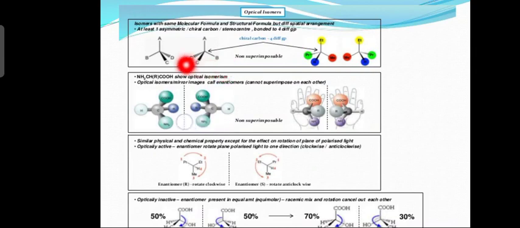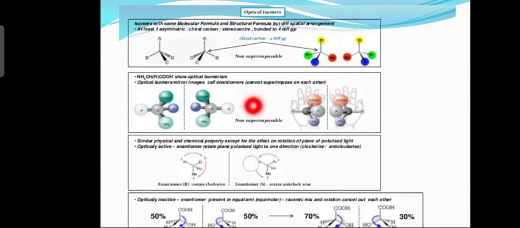The second one is the mirror image of the first one, or the first is the mirror image of the second. Here you can easily identify the different groups: yellow, red, green and blue colored. These are different groups, and you can see the mirror image.